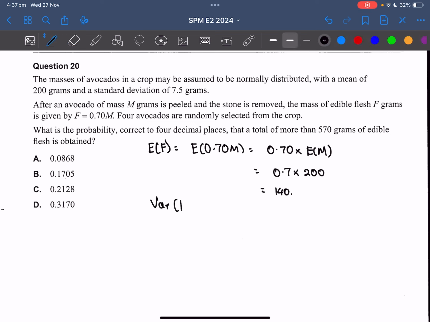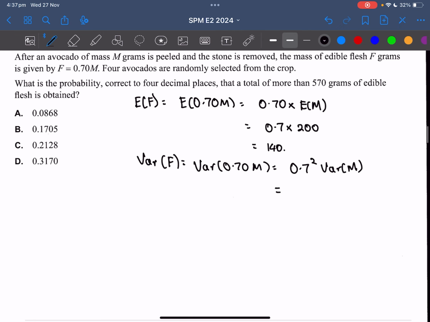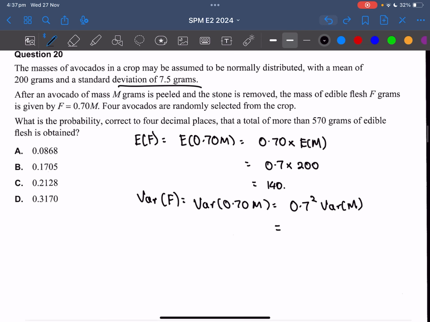So the variance of F is equal to the variance of 0.7 m, which is 0.7 squared times the variance of m. We don't quite have the variance of m, but we do have the standard deviation, so we just square that.